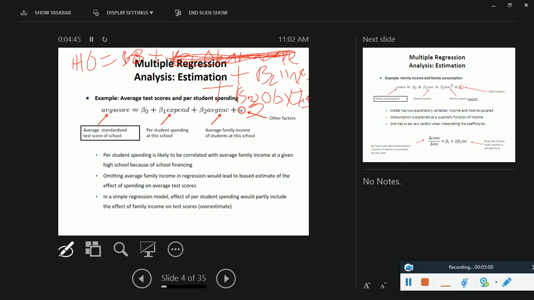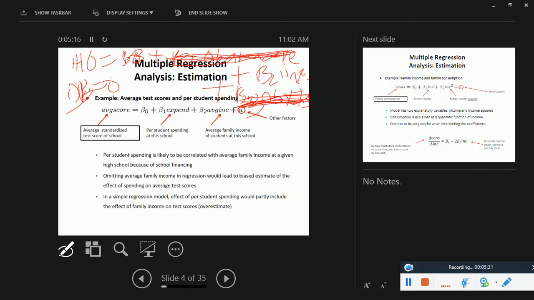When there was no Obamacare, people still had insurance, regardless of Obamacare. So the beta 3 term will also disappear when Obamacare, OB, is 0, but the insurance term will remain, so the insurance term would capture the effects when there was no Obamacare.